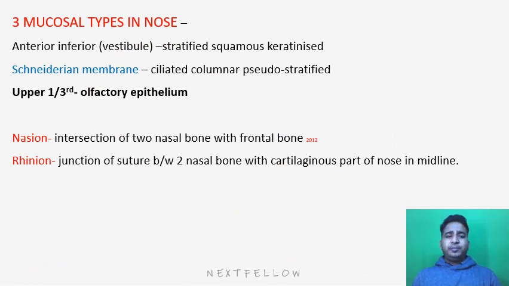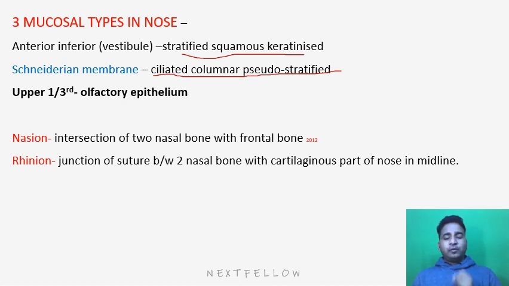Now, there are basically three mucosal types in the nose. The first one, we all know, the respiratory tract, is formed by pseudostratified ciliated columnar epithelium. This ciliated columnar pseudostratified epithelium mainly forms the respiratory mucosa. Only the anterior-most part of the nose, also known as the vestibule, consists of stratified squamous epithelium, which is keratinized.